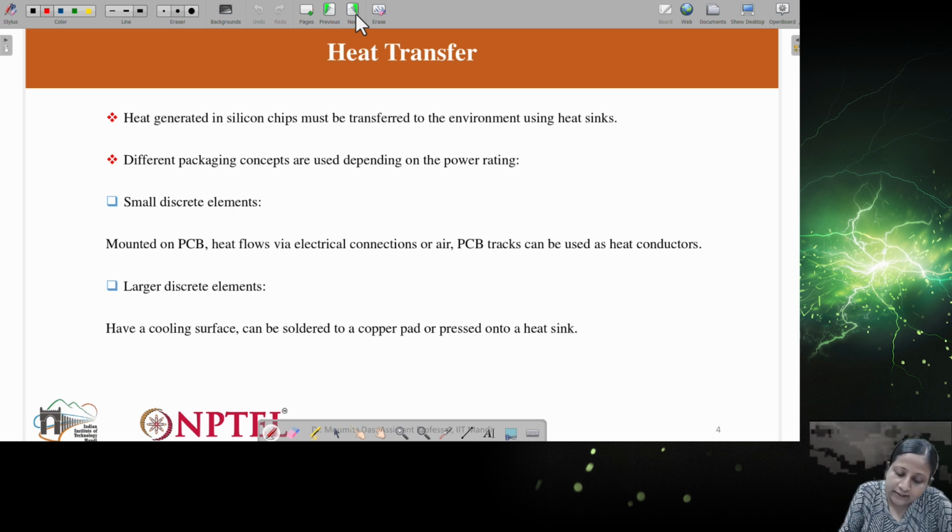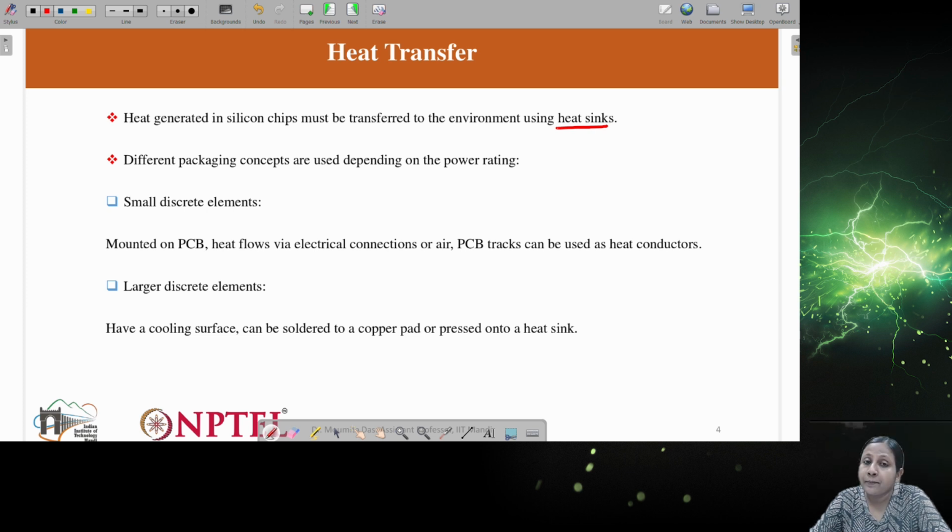Okay, the heat generated in silicon chips must be transferred to the environment using heat sinks. So generally you have seen with any silicon devices there will be heat sink connected. Same applicable for power module as well as discrete module.